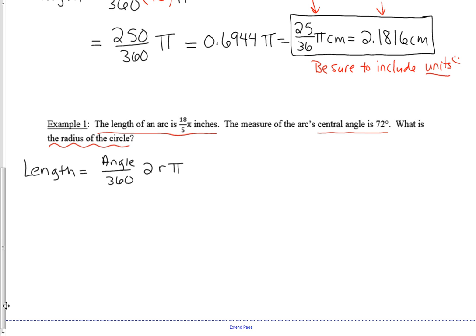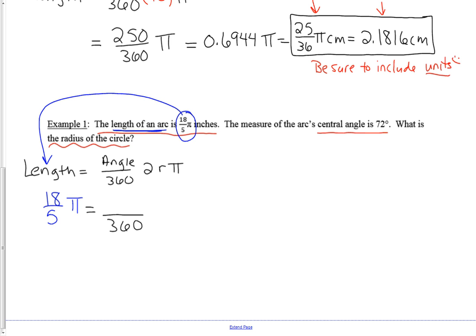So from here I'm going to input everything that I know. First of all, I know this number right here, 18 over 5 pi, is the length of the arc. So that is going to go in place of the length: 18 over 5 times pi. That is going to be equal to the angle over 360, and I need an angle. So let's look and see, do I have an angle? The central angle is 72.